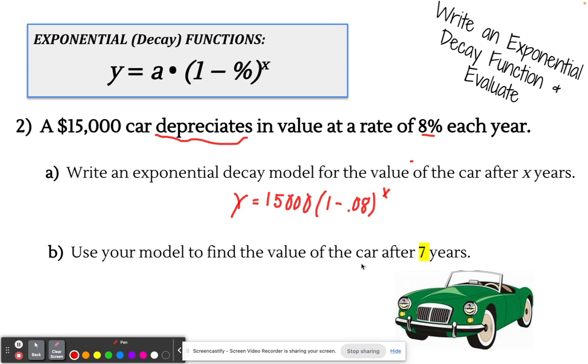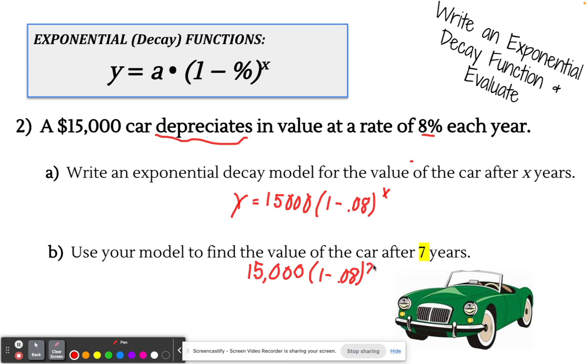So now we want to find the value after 7 years. Well, we'll do 15,000 times 1 minus 0.08. We could change that to 0.92, to the power of 7.